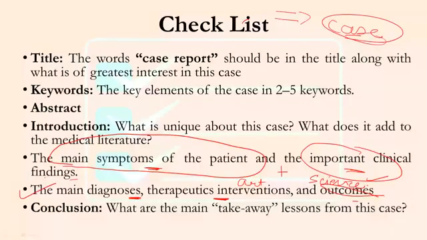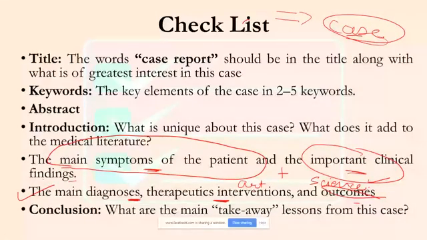Because whatever you are going to report should have a takeaway message, a takeaway lesson. What exactly you did, why it should be considered an experience for others, what others should learn from this, why they should refer back to me for that case because of that takeaway lesson, takeaway message, the conclusion.